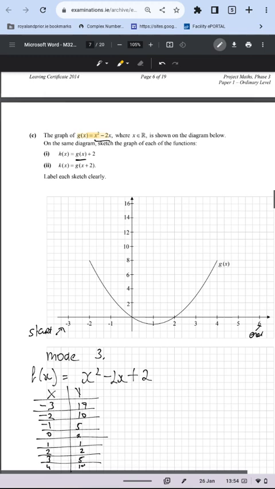So I'm going to graph this one now. I'll do it in red. So minus 3, 17, if you want, just goes up there. Minus 2, 10, minus 1, 5, 0, 2, 1, 1, 2, 2, 3, 5, and 4, 10.